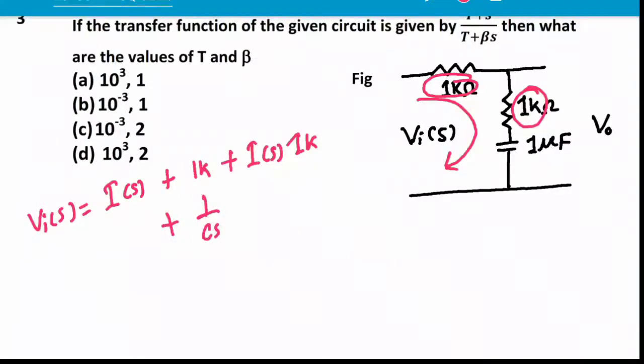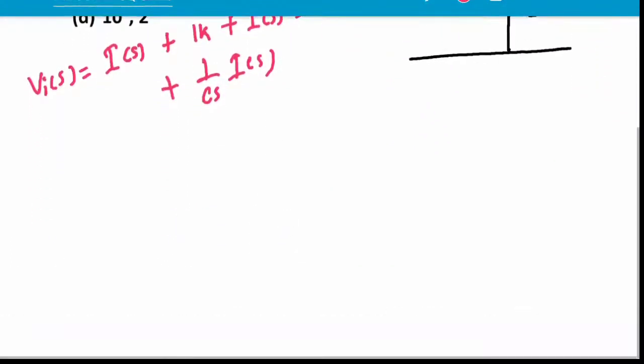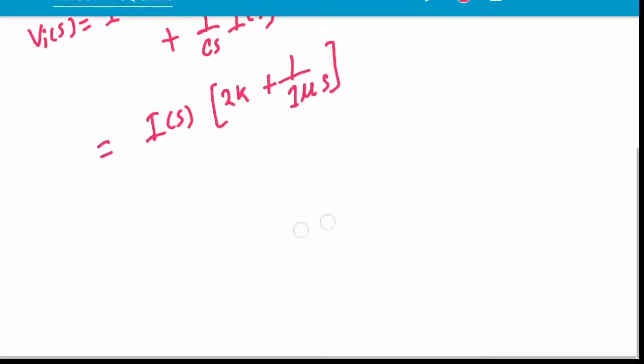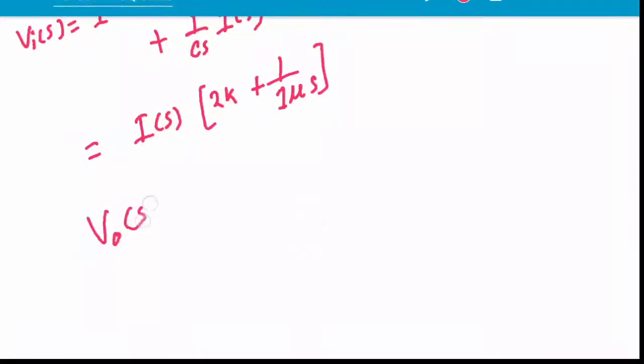This is the capacitance in Laplace form, into I_s. Taking I_s common, 2K plus 1 by 1 micro into S. I am not putting the micro and kilo values. Then V output can be written as I_s into 1K plus 1 by 1 micro into S.